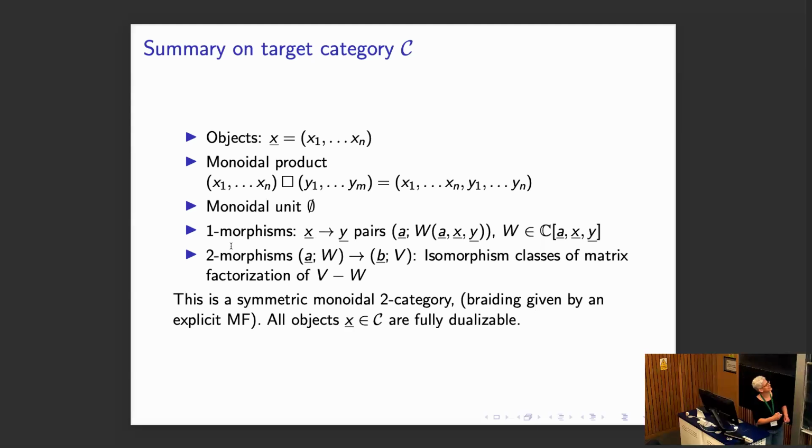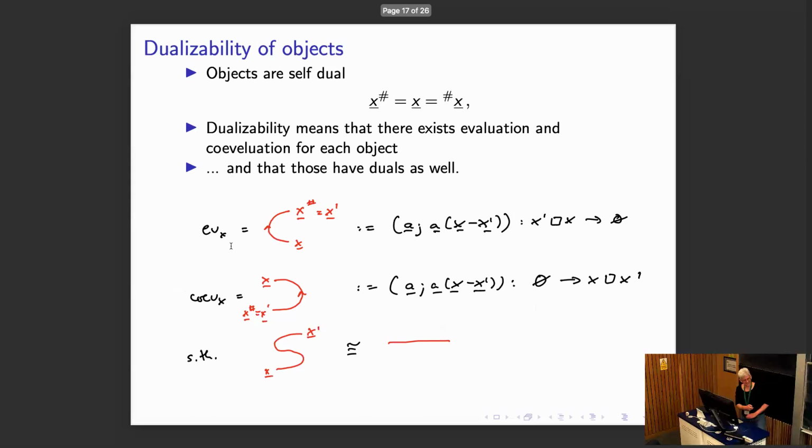So the objects were these lists of variables, and then there's a monoidal structure where we just take two lists together like this on the level of objects, and there's a monoidal unit that is the empty set. So let's move to this slide again.